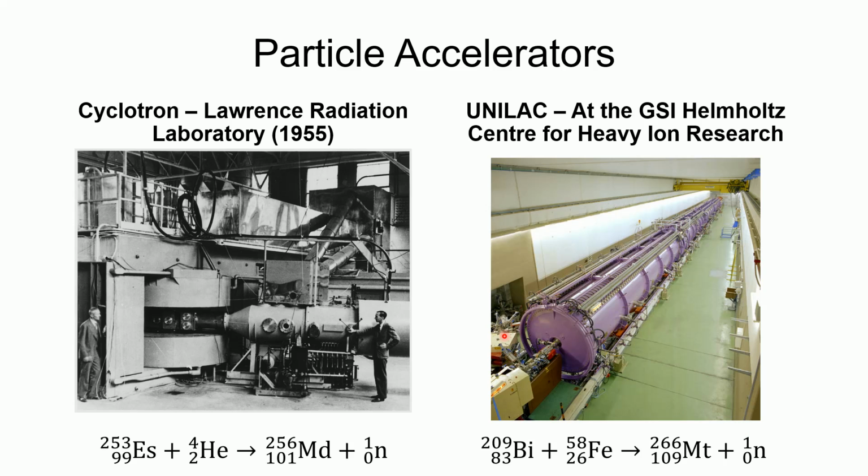So one of the equations that they did is they took bismuth-209, hit it with iron-58, and out pops meitnerium-266. Now, when they made it, they didn't know it was meitnerium because it hadn't been named yet, plus a neutron, and that's element 109, and that's just one of several, I think 5 or 6, that they made there at that institute. Pretty cool facility.